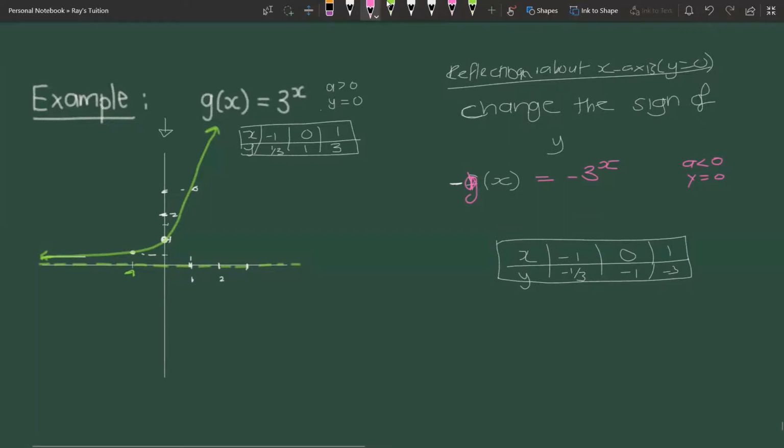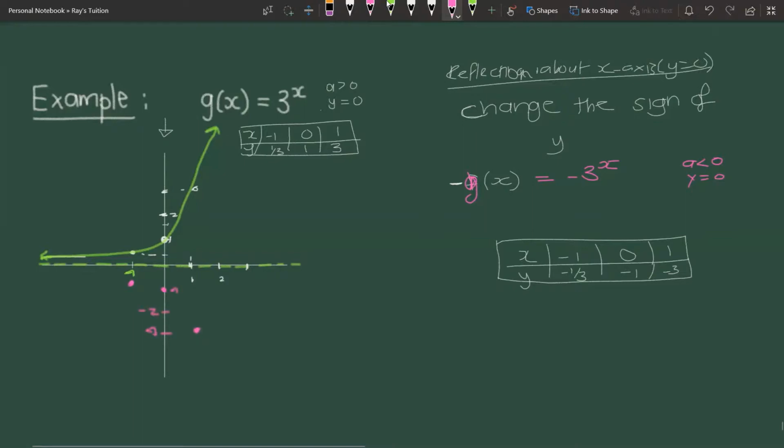So the first one now is at minus a third, the second one is at minus 1, and the third one is at minus 3.